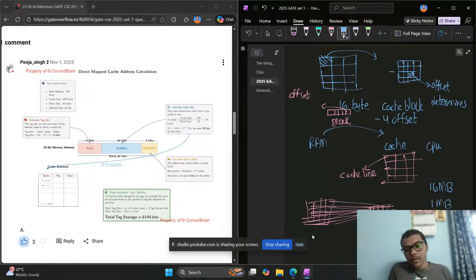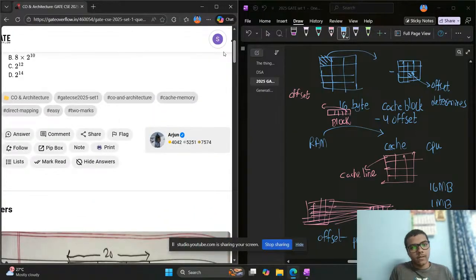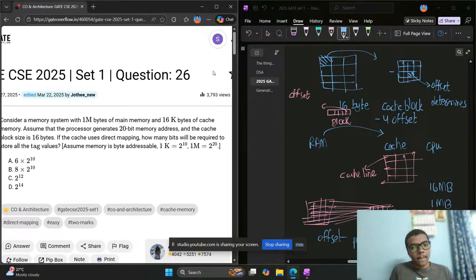And there is the offset, which is like pinpointing the byte, right? So what is the block size? 16 bytes. So you need 4 bits for offset, and a total of 20 was given.